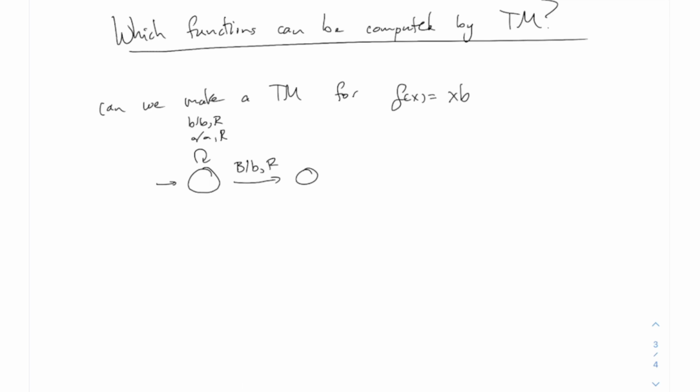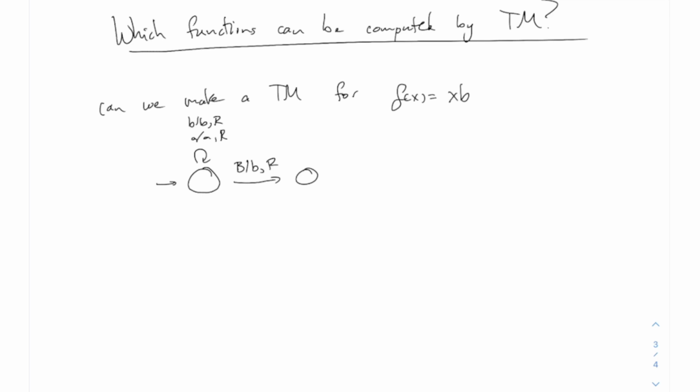That last R there doesn't really matter. I changed the blank on the end to a B. There it is. So this is a Turing machine for that function, f of x equals xb.